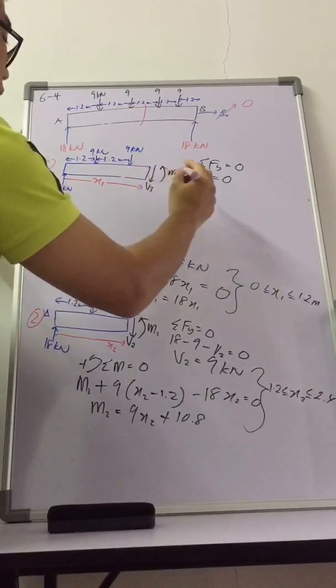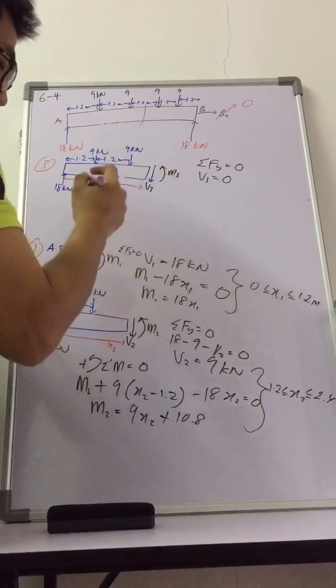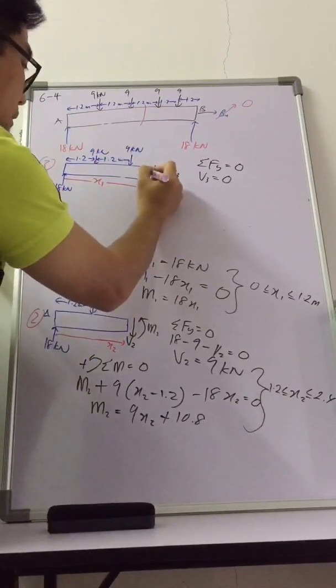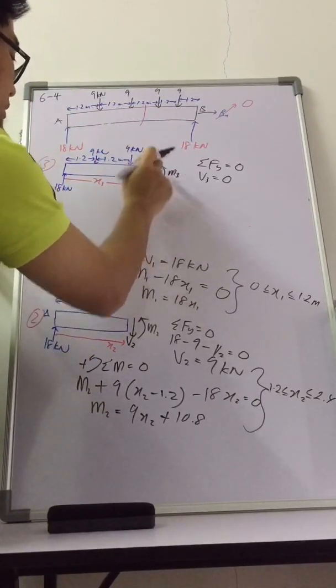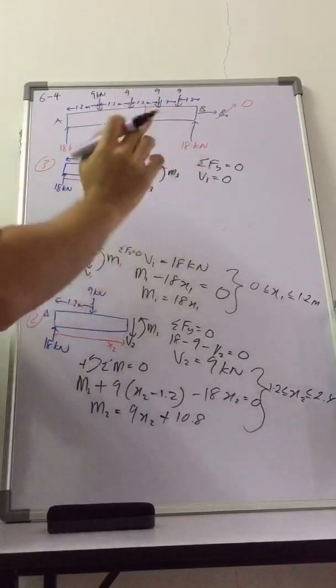How about moment? So for moment, we do the moment about the section, because we want to eliminate V3 in the equation. You can do it here, but again, don't complicate yourself.